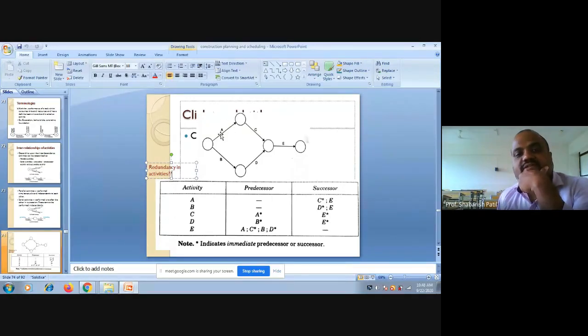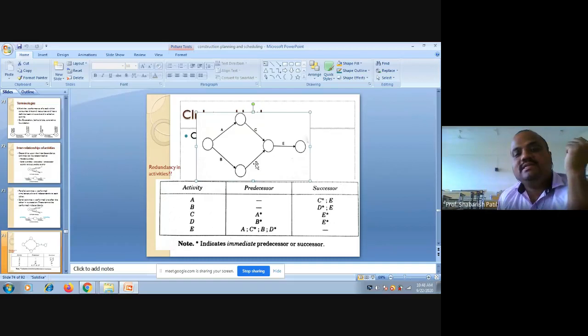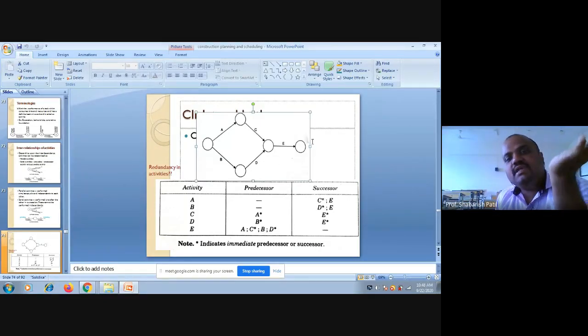Similarly, for activity B, the successor events are D and E. For C, the successor activity is E. For D, the successor activity is E. And as far as E is considered, E is the last activity, so it has no further successor activity.